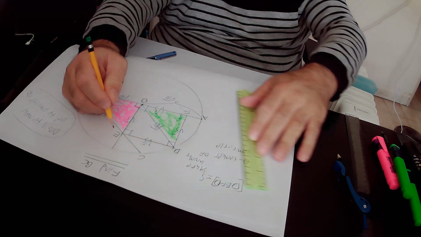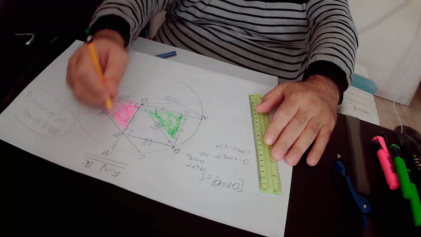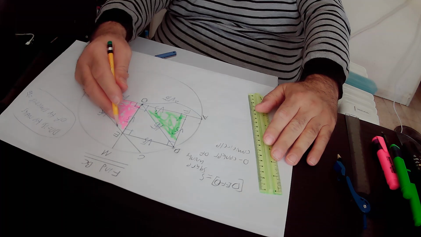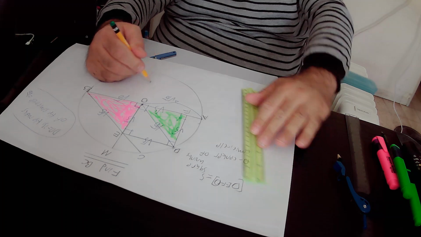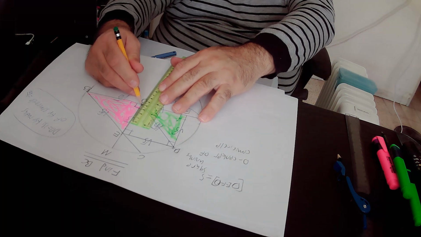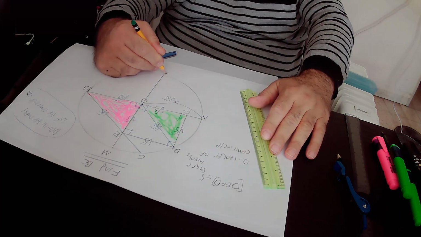And we define the touching point of the extended OE in the circle as point M. In the next step, we will extend line segment EO towards the lower side of the circle until it touches the circle, and we will define the touching point of the extended EO in the circle as point N.